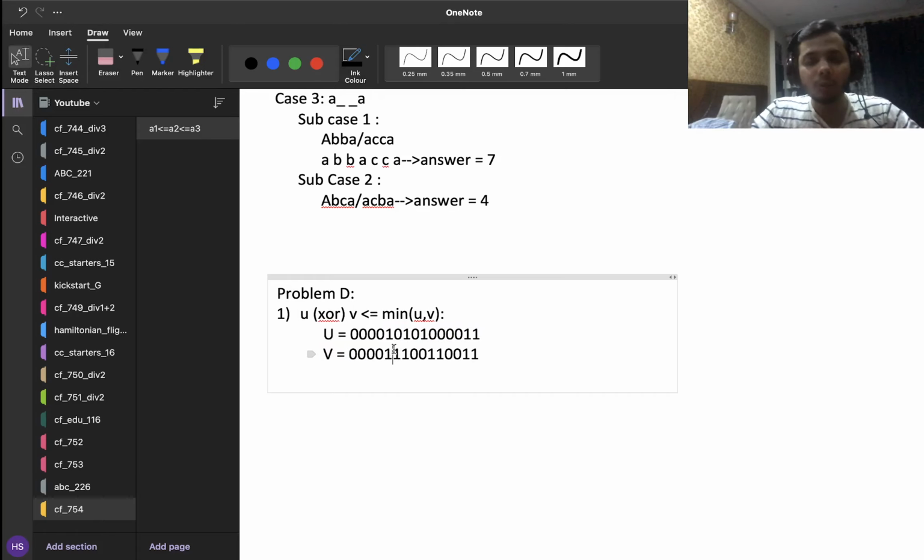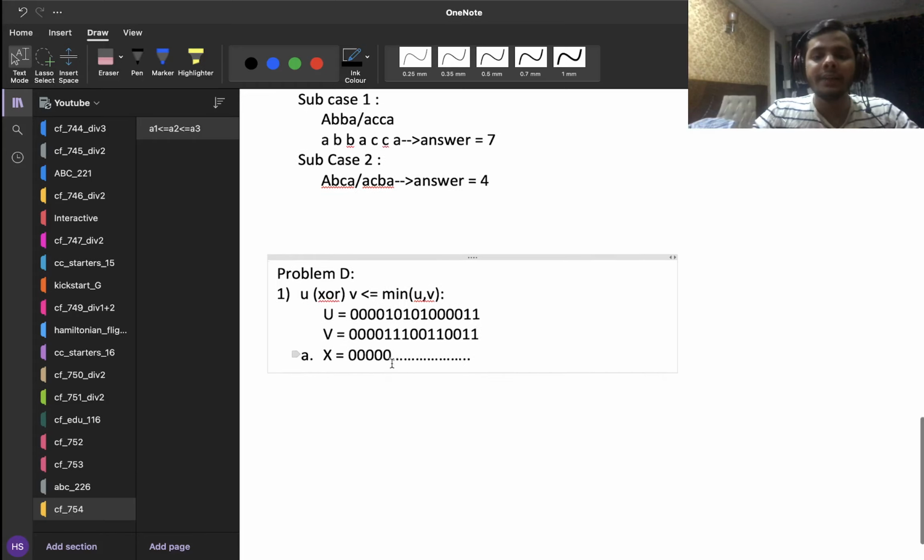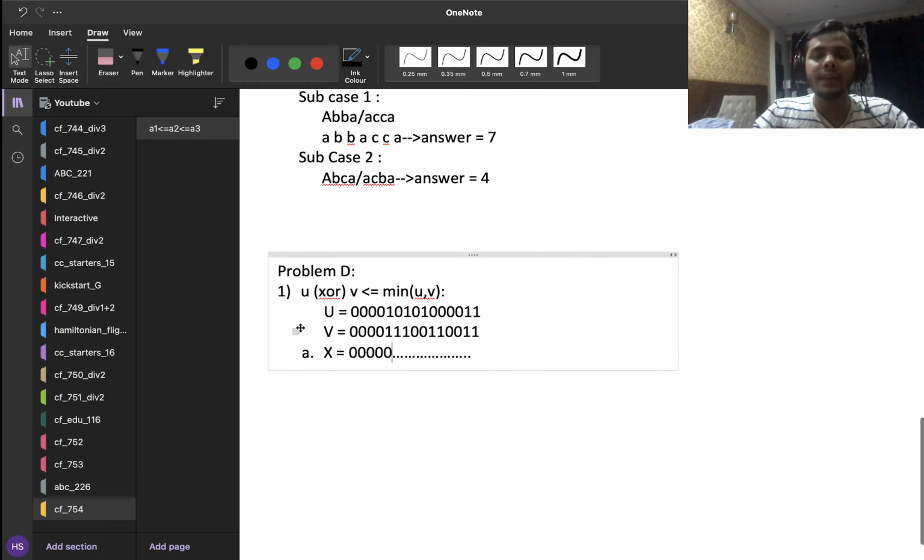If the most significant bit is 0, then let's say x is the XOR, then x here will be 0, 0, 0, 0, 0 and something else. Once I know that this is a 0, I know that x will be smaller than u and v.